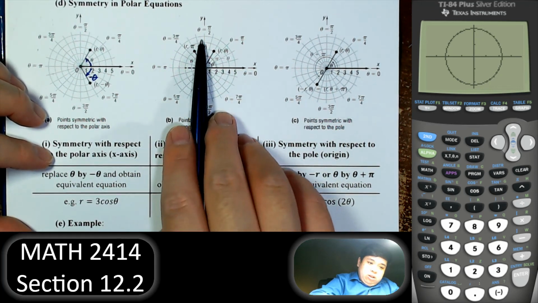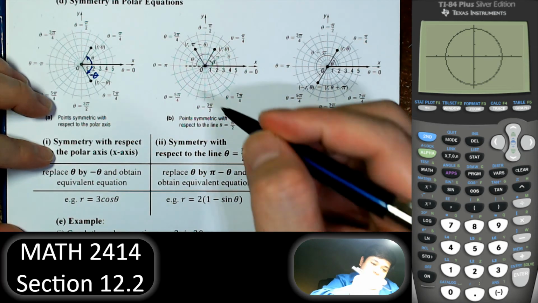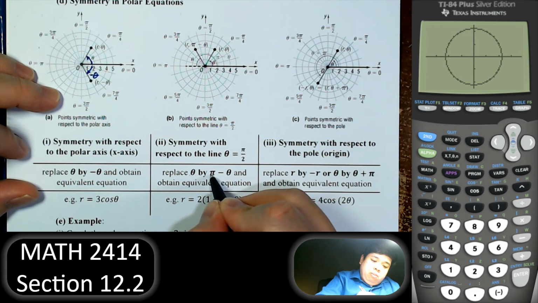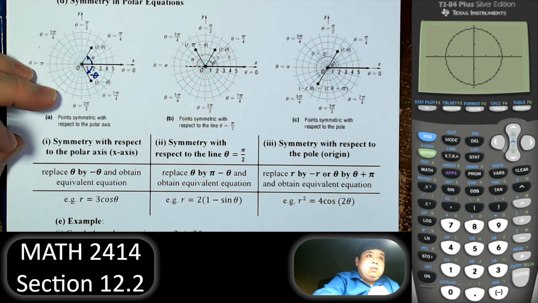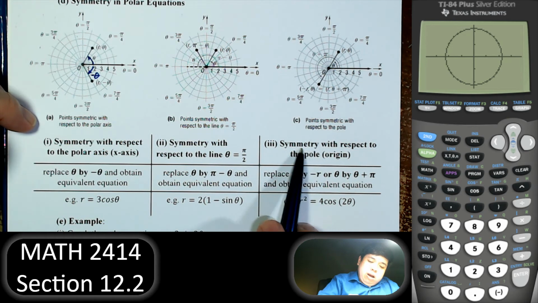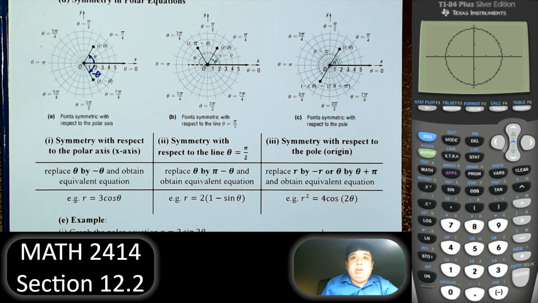Or if we want symmetry about the line theta equal pi over 2, the y-axis, we replace theta by pi minus theta, and we have the same thing. And if we want symmetry with respect to the pole, we just do this. I said just a review.